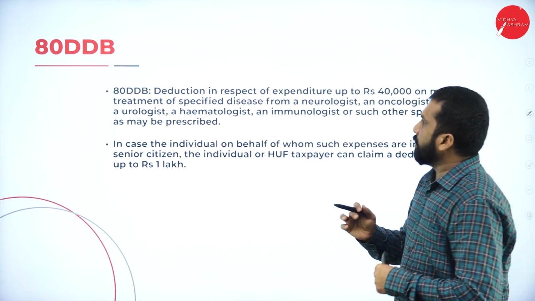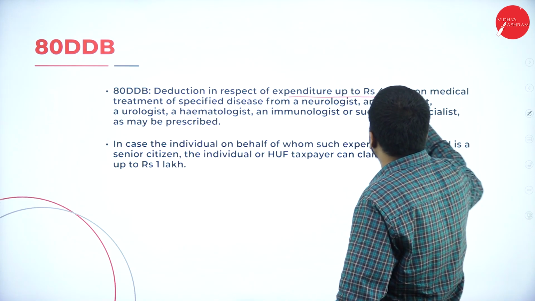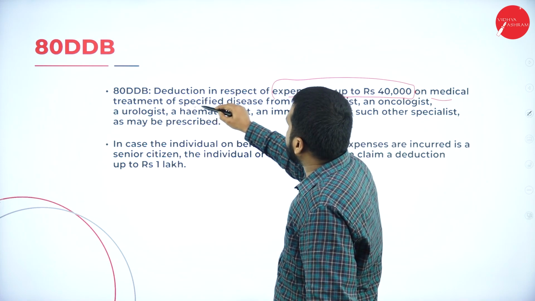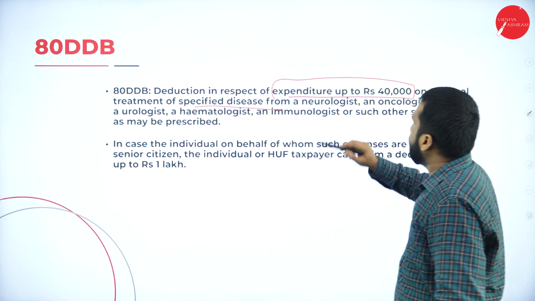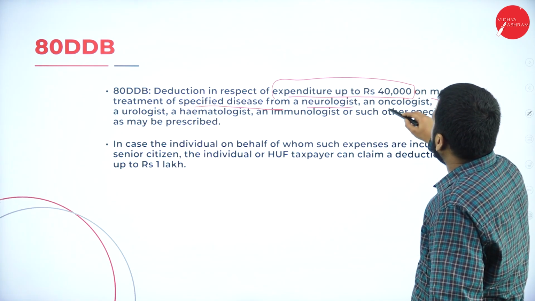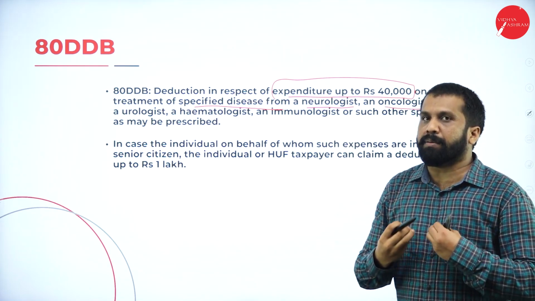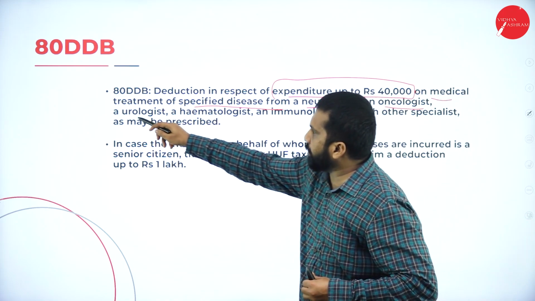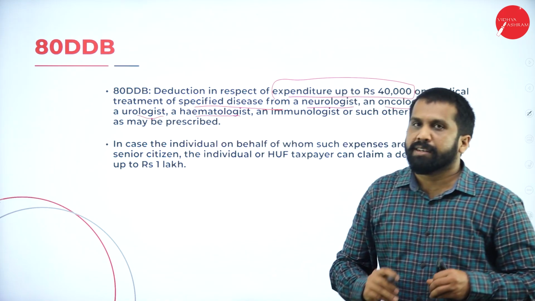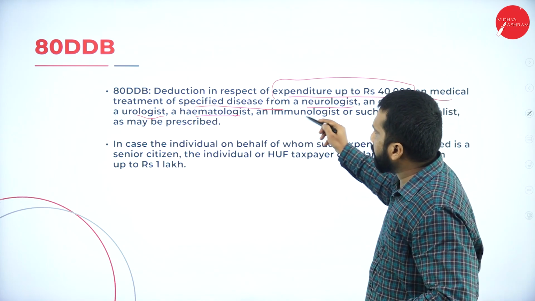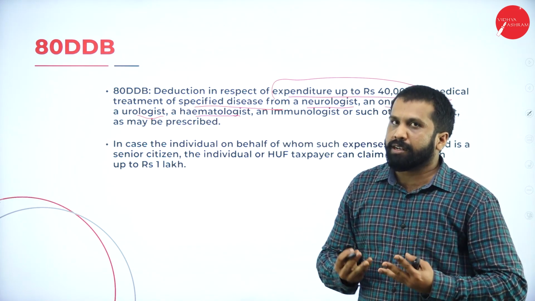80 double D B: deduction in respect of expenditure up to 40,000 on medical treatment of specified diseases from a neurologist, oncologist. These are the diseases you have. Being a commerce faculty, I can't explain all this. In your examination you will not get these topics explained, you are just supposed to remember.